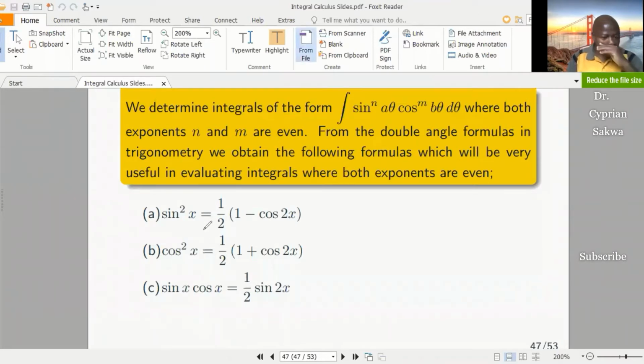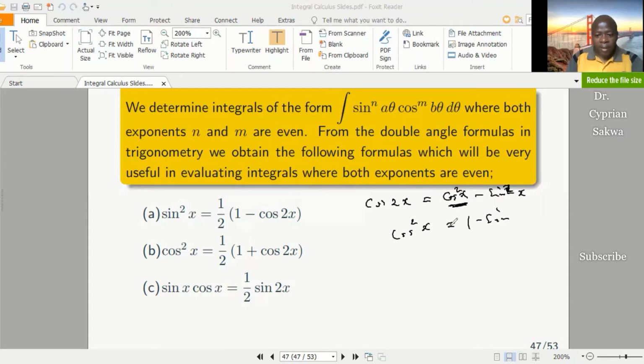You know that if you have cos of 2x, we are using the double angle formula. This is the same as cos x squared minus sine x squared. And of course, you can write everything in terms of sine. You know that cos x squared is 1 minus sine x squared.